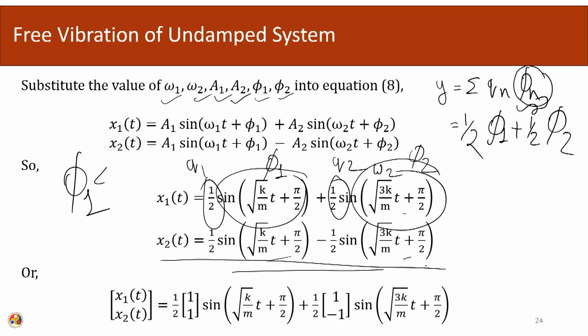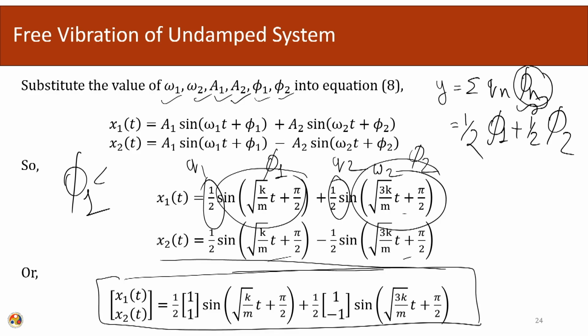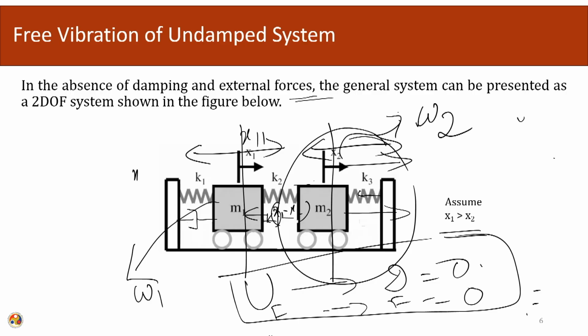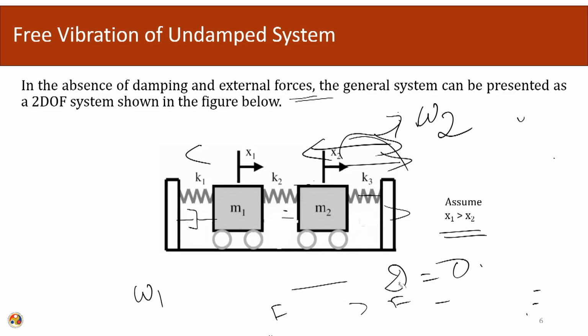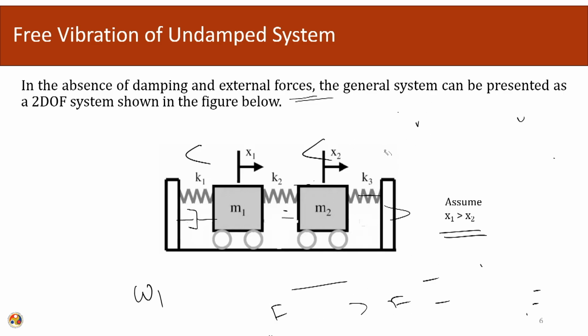Similarly, for the other degree of freedom, this is my solution, and the same thing has been arranged in matrix form. So, in this particular example, what we were able to establish is that we started with a simple 2 degree of freedom system that has only horizontal motion.